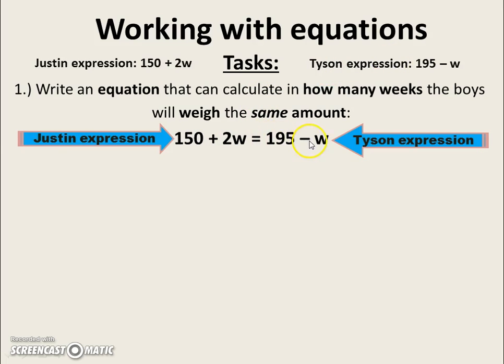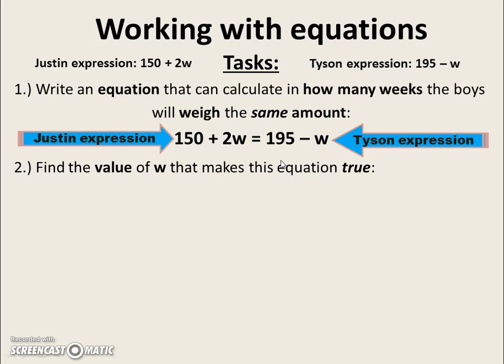Tyson's expression is 195 minus W. Two expressions, and we want to find out when they are equal, when they have the same amount. Now we want to find the value of W that makes this equation true. So what can we put in for W that makes the left side equal to the right side, that makes this equation a true statement?